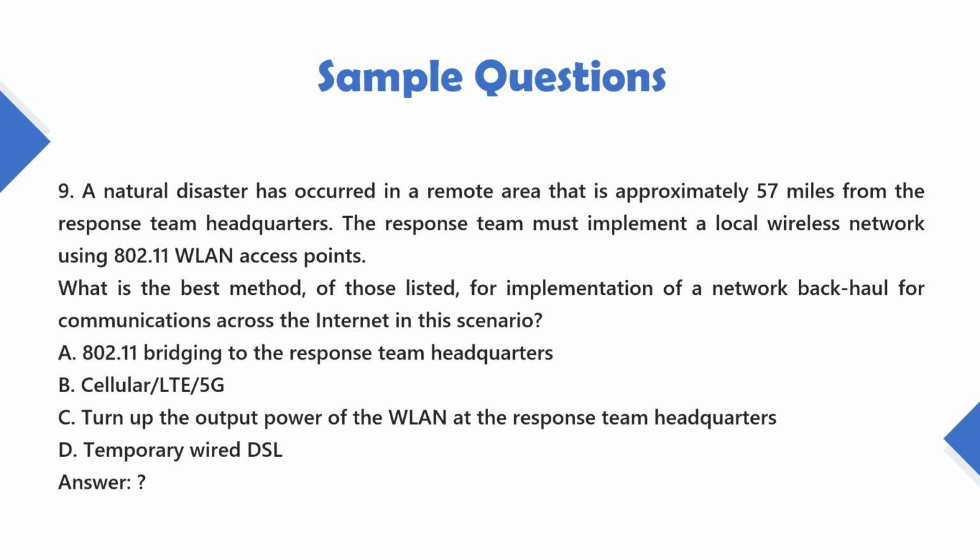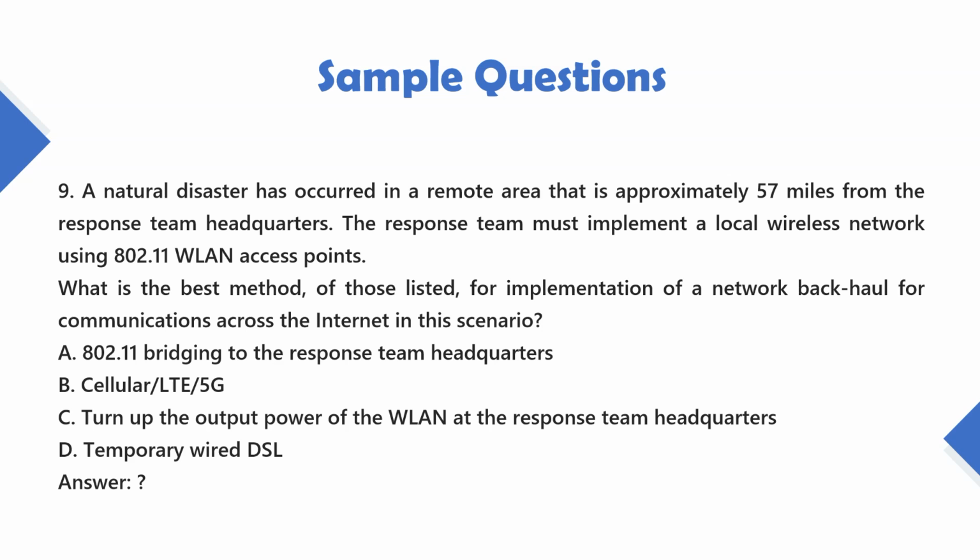9. A natural disaster has occurred in a remote area that is approximately 57 miles from the response team headquarters. The response team must implement a local wireless network using 802.11 WLAN access points. What is the best method, of those listed, for implementation of a network backhaul for communications across the Internet in this scenario?